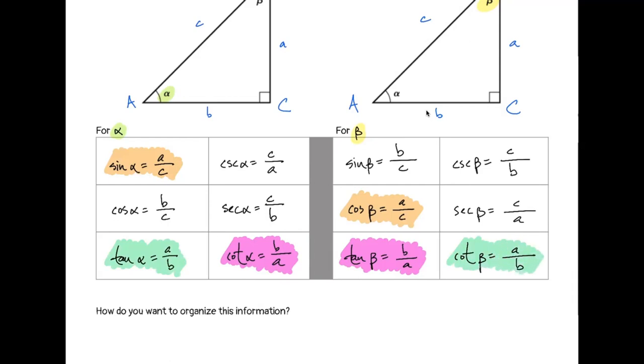I know that's a lot to say. You could say tangent of alpha equals cotangent of beta. That would be okay. All right, let's see. Dallas says cosine of the left is the same as the sine of the right. So cosine of alpha is the same as sine of beta. All right. Any other pairs that we're seeing?